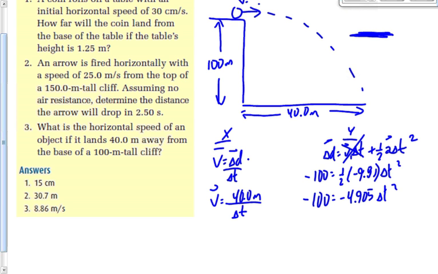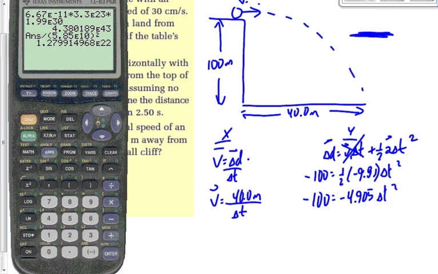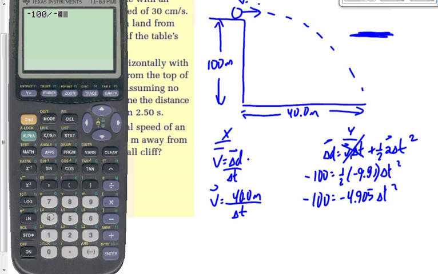Let's pull this up on our calculators here. Make sure we can do it. Let's say negative 100 divided by negative 4.905. Now let's square root that. We end up with 4.5152.